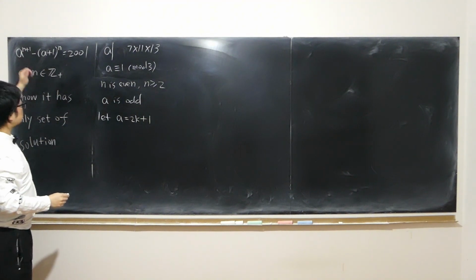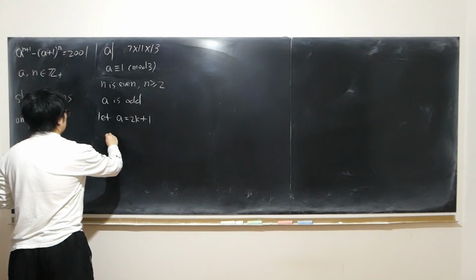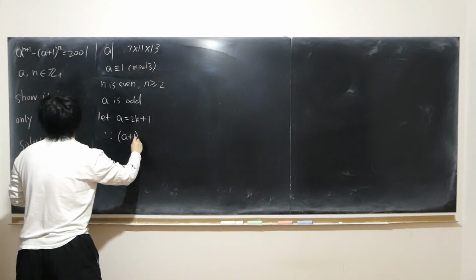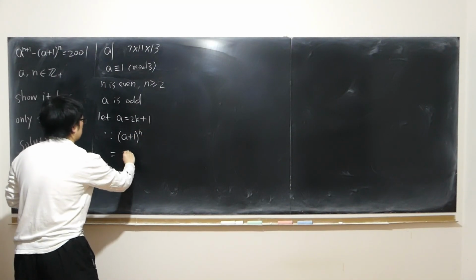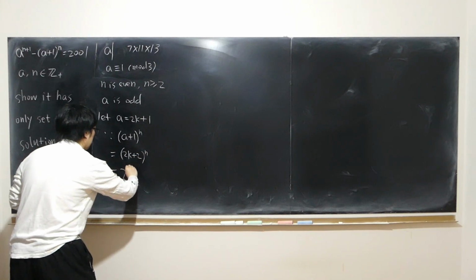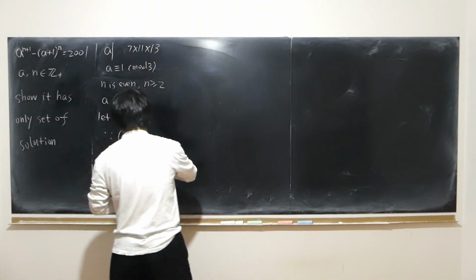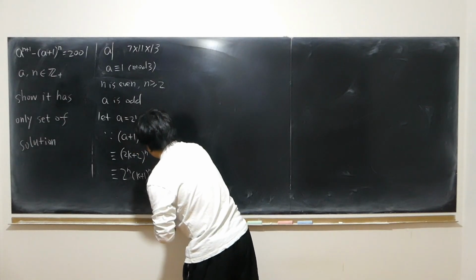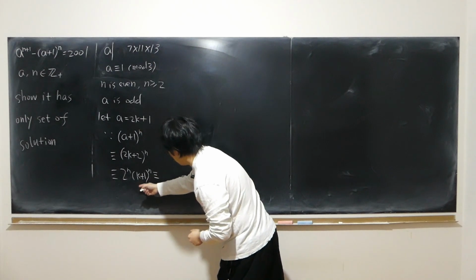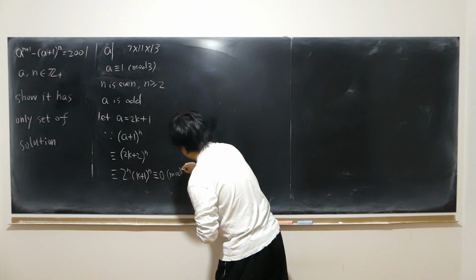So this time, (a plus 1) to the power of n is equal to (2k plus 2) to the power of n. That is 2 to the power of n times (k plus 1) to the power of n. Because n is greater than or equal to 2, that is congruent to 0 mod 4.